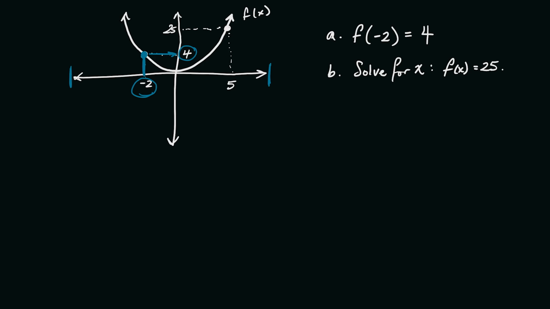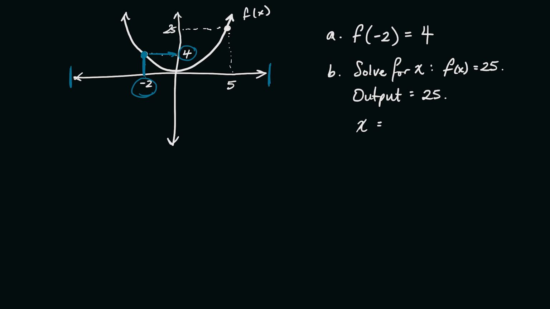Now, let's take a look at b. Now we're trying to move backwards, from output to input. So our output here is equal to 25. What can the x value be if our output is 25?